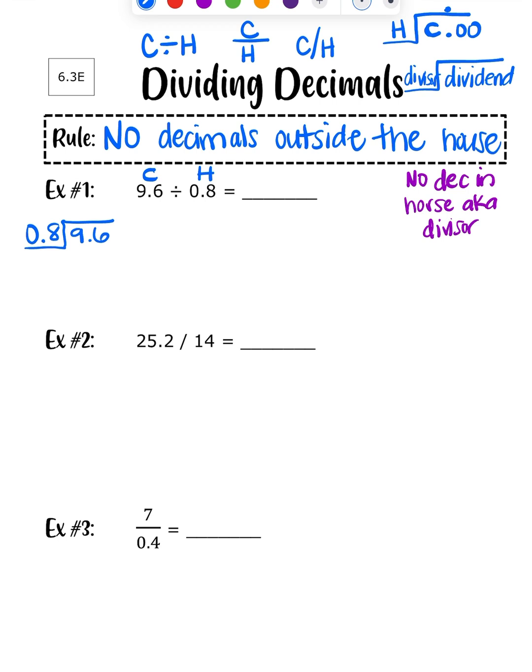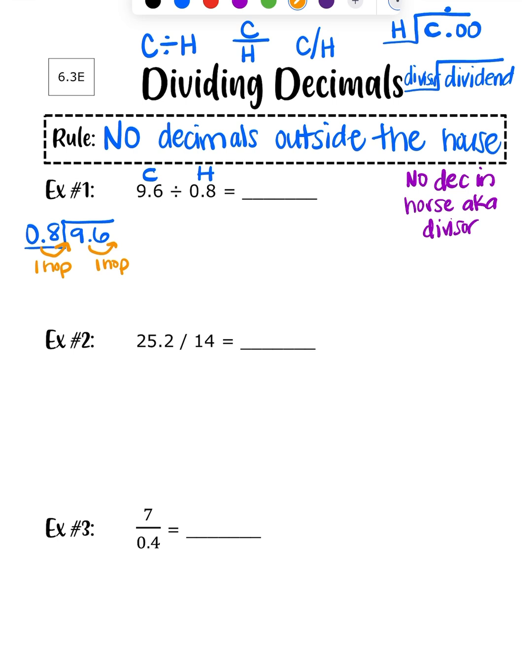Well, I know I can't have a decimal out here, so I need to move my decimal point. So I'm going to grab my decimal and hop it to the back of the number. How many hops did it take? Just 1 for this number, but I can't move it outside and not move it inside. So I have to make the same matching hop on the inside.